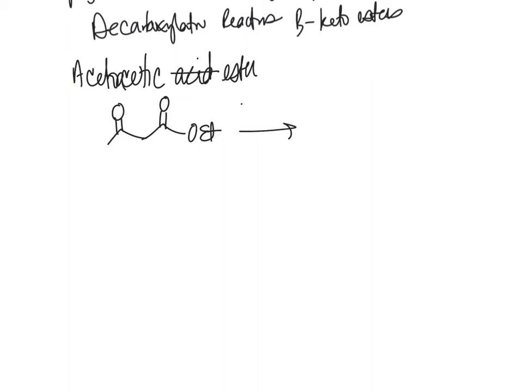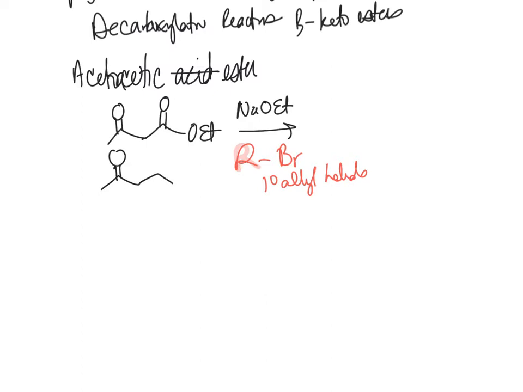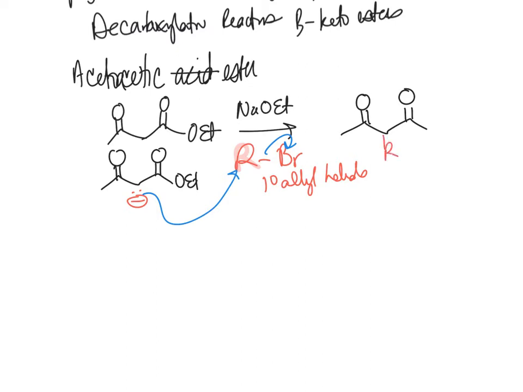And so when you use sodium methoxide and you put an R group on there, so you have an R group, so you'll want a primary alkyl halide, okay? You make your enolate, and then that enolate will attack the R group, and you get your alpha substituted alkylated product here, where the R group's there.